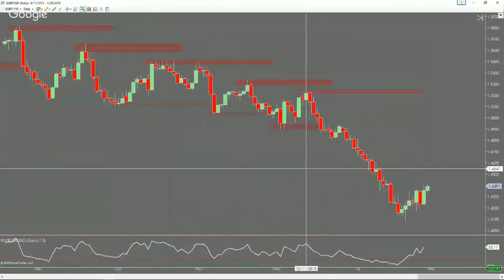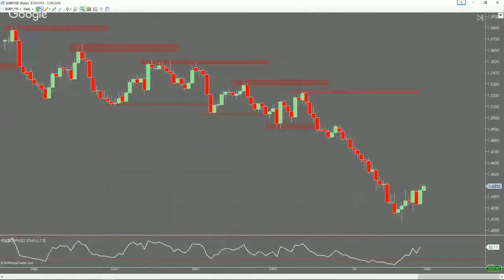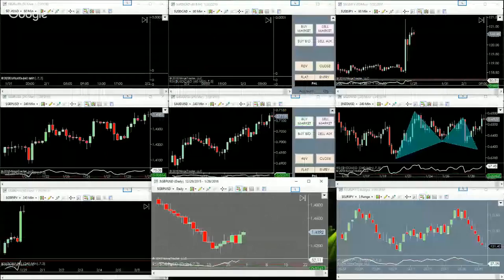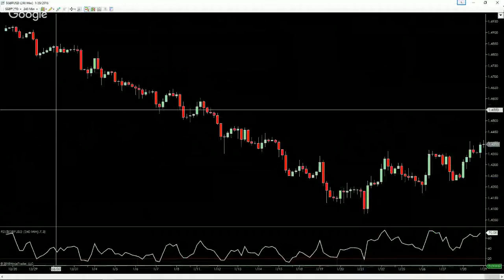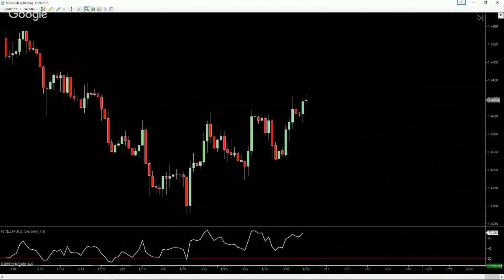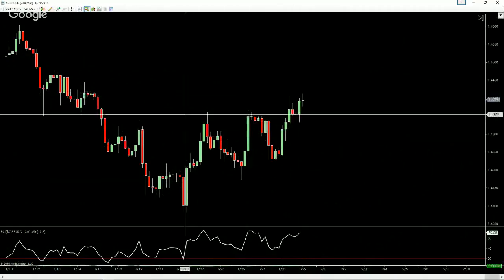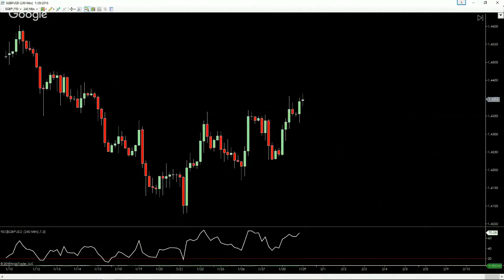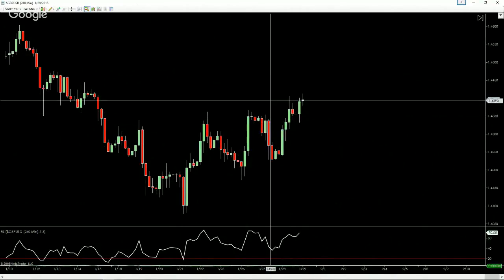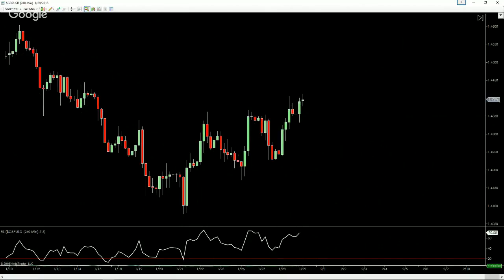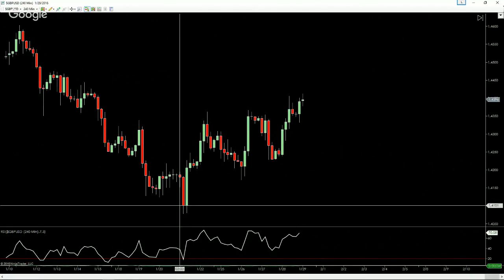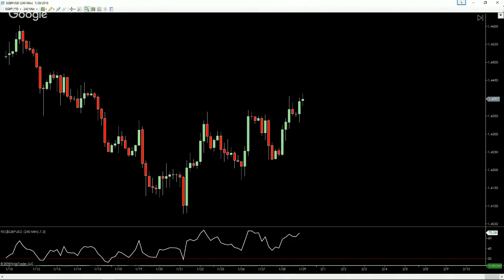Let's go down to pound dollar. All right, pound dollar, still bearish, not much change really. Let's go to the 240. Looks like it's stair stepping up. Actually, we're getting higher highs right here. The closes did get higher.